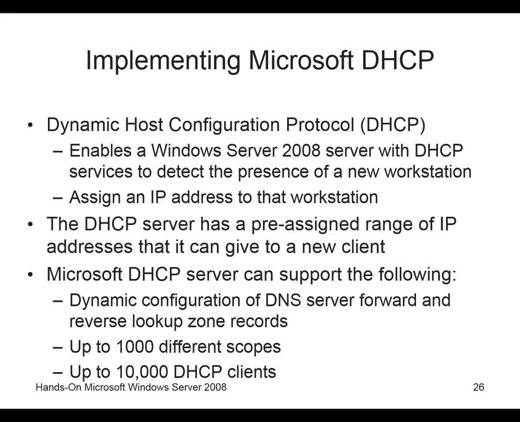DHCP. What is DHCP? It gives you an IP address automatically, right? That's pretty much all you need to know about DHCP. It provides you an IP address. Now you can have different scopes. I think it's up to 1,000 scopes in 2K8. But in each one of those scopes, you can have tons of clients.